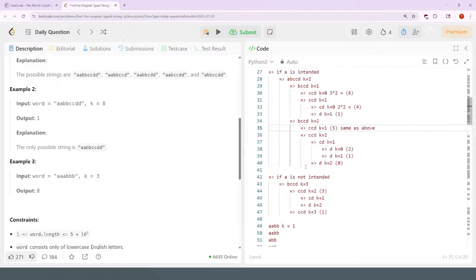Also it looks like some sort of cache for some of the answers might be useful, because I get into the same state, or I get into the same branch of remaining letters and K. I guess I can consider that as an index and a K. I get into those same spots multiple times.